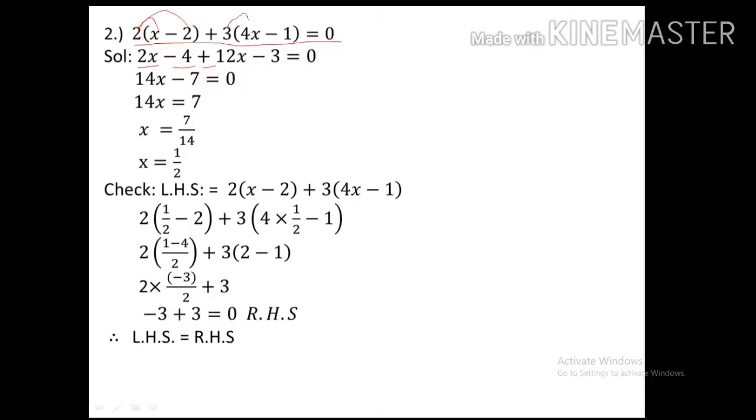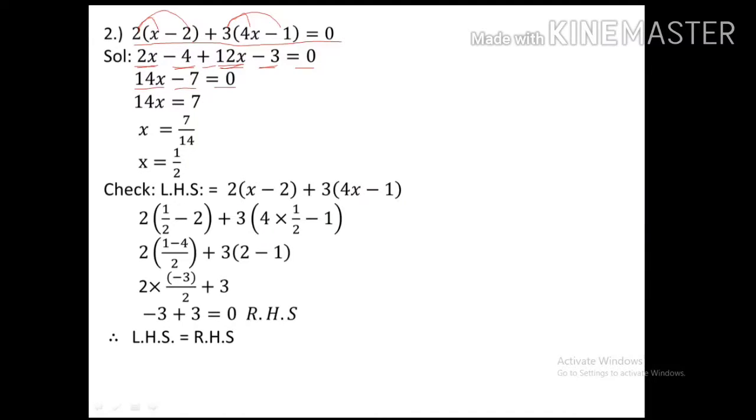Now 3 multiplied by 4x gives 12x, and 3 multiplied by minus 1 gives minus 3, equals 0. Now 2x and 12x are like terms, so we add, it will come 14x. Minus 4 and minus 3 are both negative integers, and when we add, it will come minus 7 equals 0.